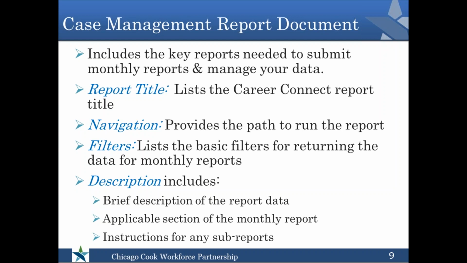You are welcome to play with other filters, but this is kind of the down and dirty, get you what you need quickly, how to filter your data. And then the description includes a brief description of the report, including the applicable section of the monthly report that the Career Connect report corresponds to, and instructions for any sub-reports. You'll see what I mean by that as we go through the demo.